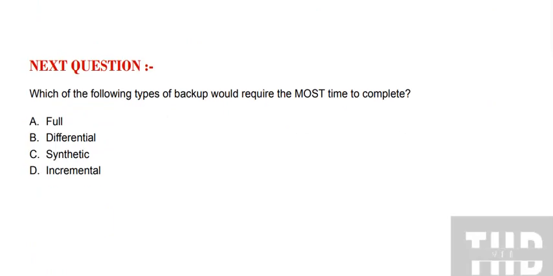Next question is, which of the following types of backup would require the most time to complete? And the options are option A full, option B differential, option C synthetic and option D incremental.